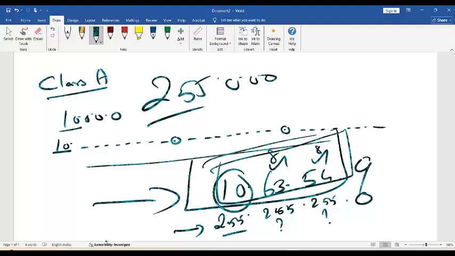Correct? Yeah, that's how we have to say. How do we do subnetting? By borrowing the host bit to be considered as network bits. That's the approach. If you want to do subnetting, you need to make use of some host bit as a network bit.